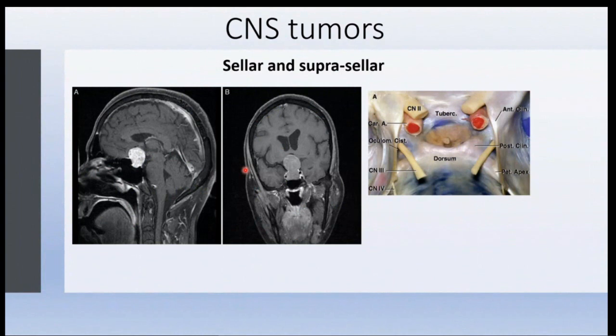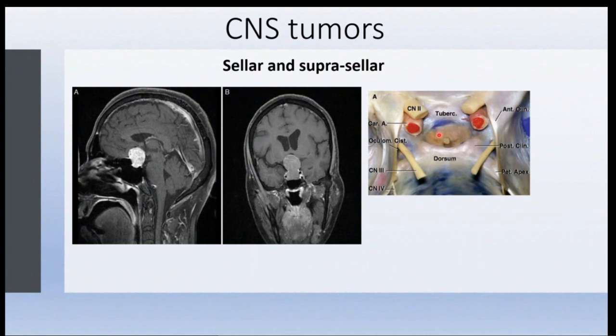Other supratentorial tumors, which are extraaxial tumors, are the tumors within the sella and the sella turcica. And if you remember from your anatomy that the pituitary gland sits in the sella turcica, and we can get pituitary tumors, pituitary adenomas most commonly, and very rarely pituitary carcinomas.